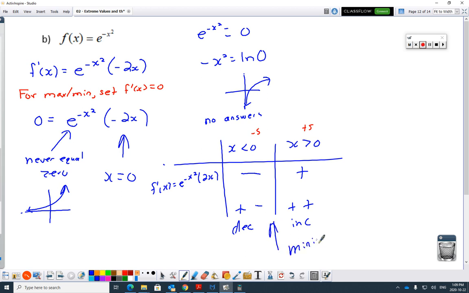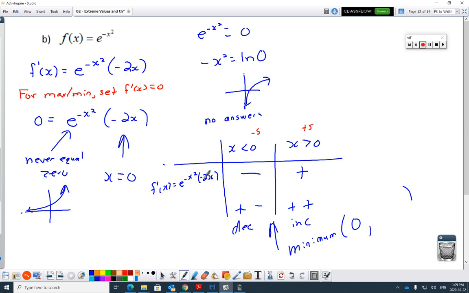Minimum at 0, comma, blank, and then we're going to go back and see if the derivative's okay, because the derivative might not be okay. Will? Hold on. My mistake's right here. That's a negative 2x. I didn't write negative 2x when I went right there.